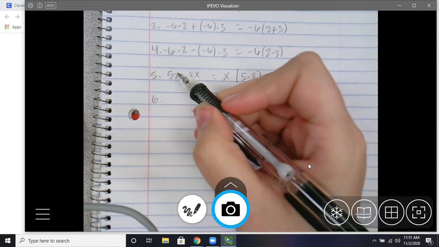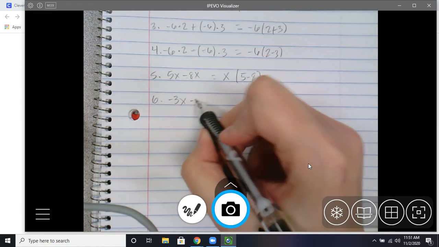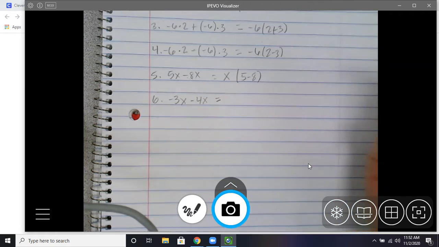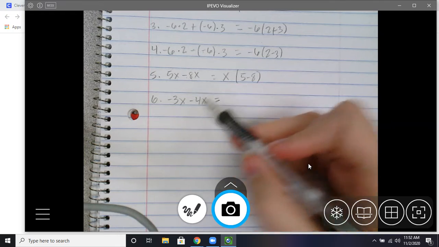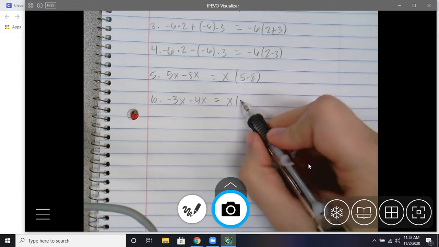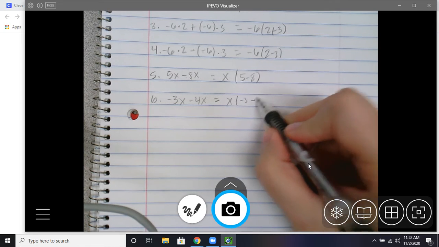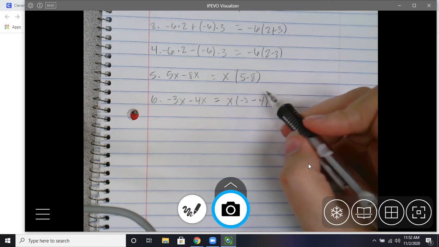And then number 6, with that new knowledge, hopefully you can do this one. So again, negative 3 and negative 4, they don't have that in common, but they do have the x in common. So that's going to leave you with a negative 3 minus 4. It's not minus negative 4, okay?